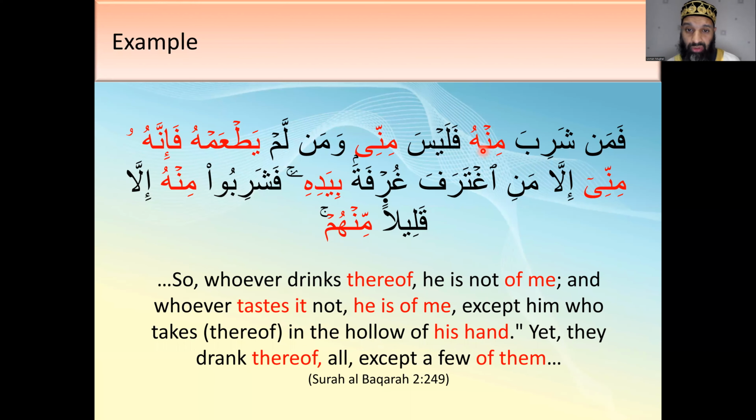Minhu, minni, yat'amhu, fa'innahu, minni, biyadihi, minhu, minhum. If you don't know the endings, you aren't going to be able to translate that verse. These things in the tables are the formulas that you need to learn so that you can start translating words.